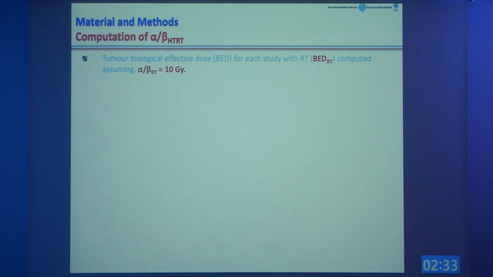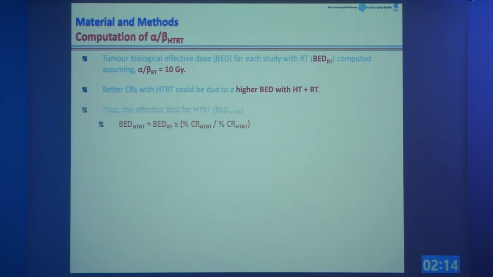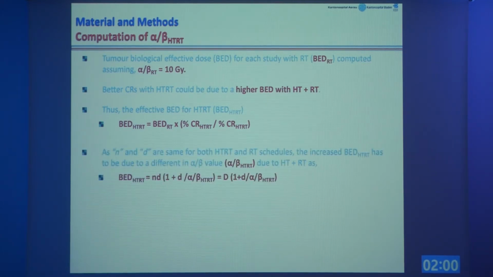Now, let's try to compute the BED with RT using the standard alpha beta value of 10. If there is a better complete response with hyperthermia, it means that hyperthermia actually improves the biological effective dose, so you have a higher BED. So the BED of HTRT would be the BED of RT multiplied by the percentage CR of HTRT versus the percentage CR of RT.